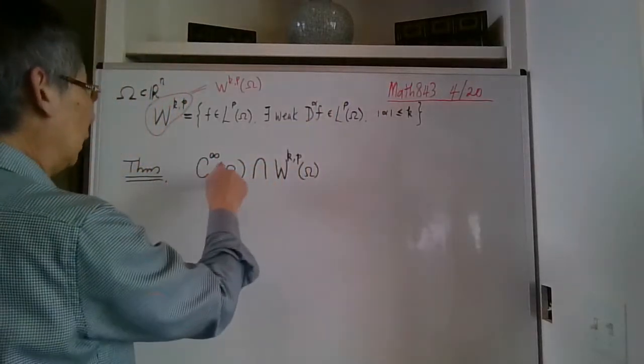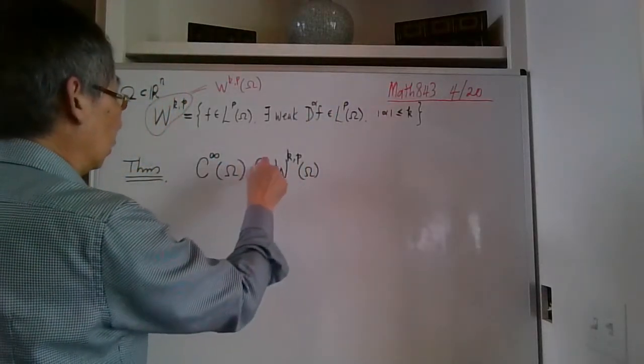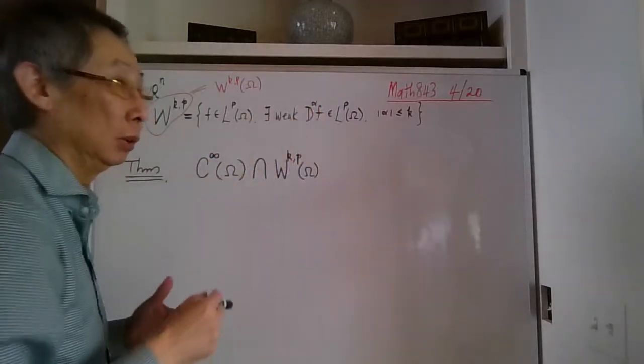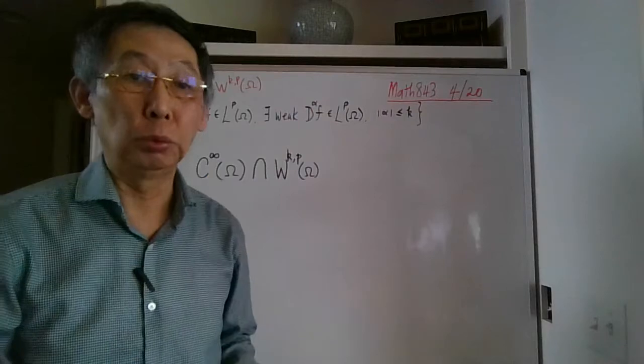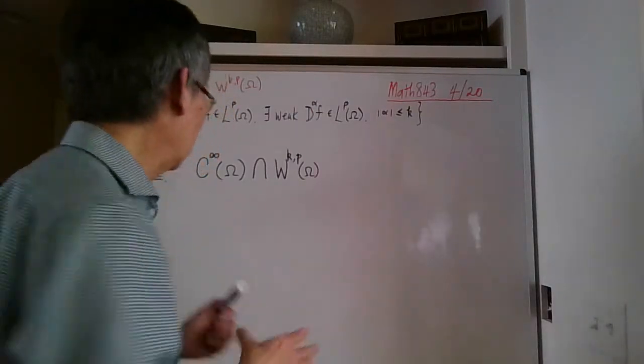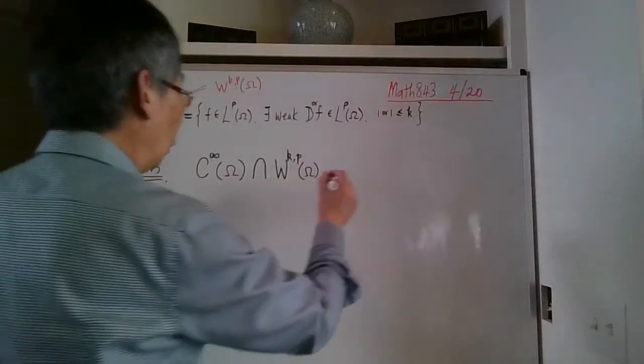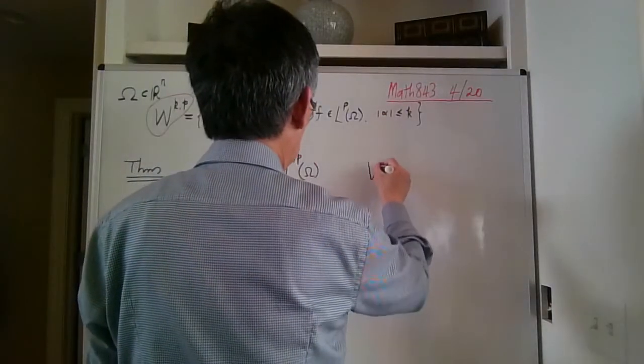Since this is an intersection, the function is at the same time infinitely smooth. So all these weak derivatives actually become strong derivatives, right? So you can see this is a subset of W^{k,p}, but a very nice one.